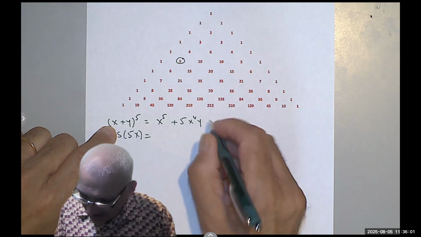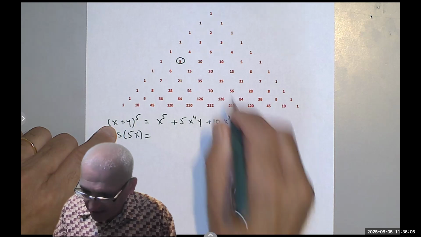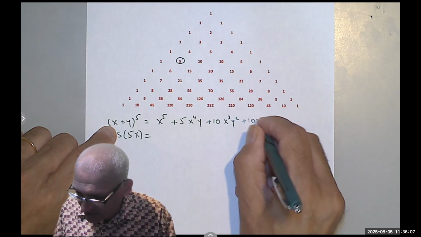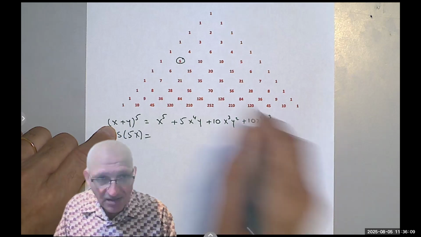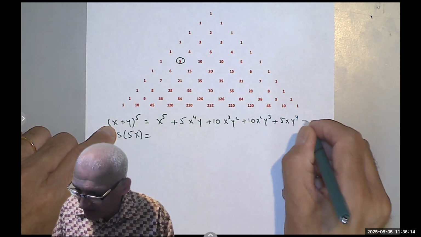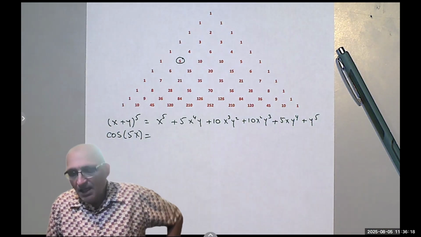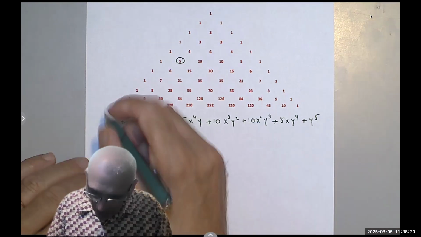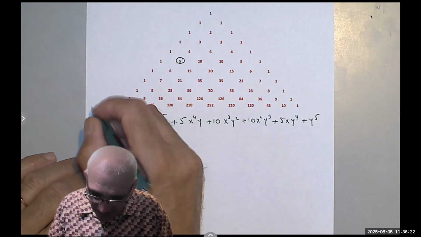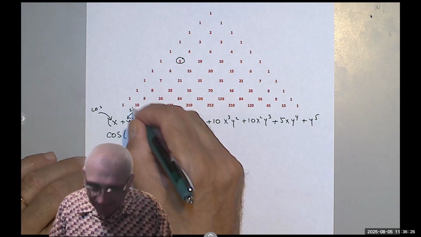And then you go to the 10 plus 10 x cubed y squared plus 10 x squared y cubed. And it's a mirror image plus 5xy to the fourth plus y to the fifth. That's easy, okay? Now, we are always considering the cosine to be x and the sine to be y.